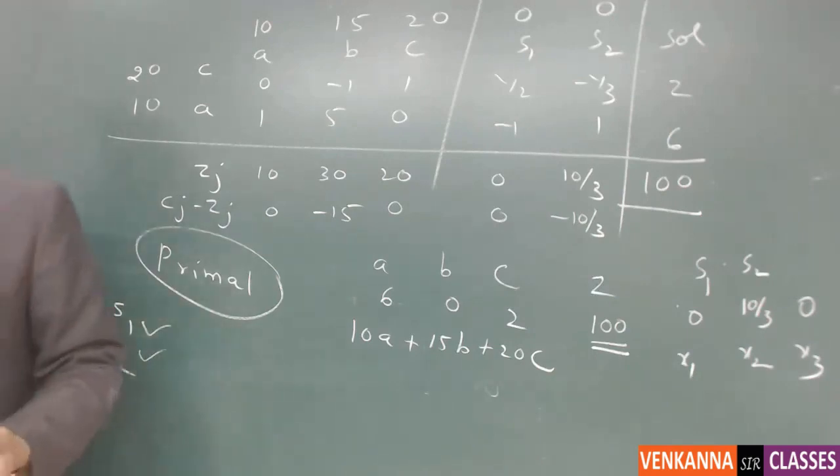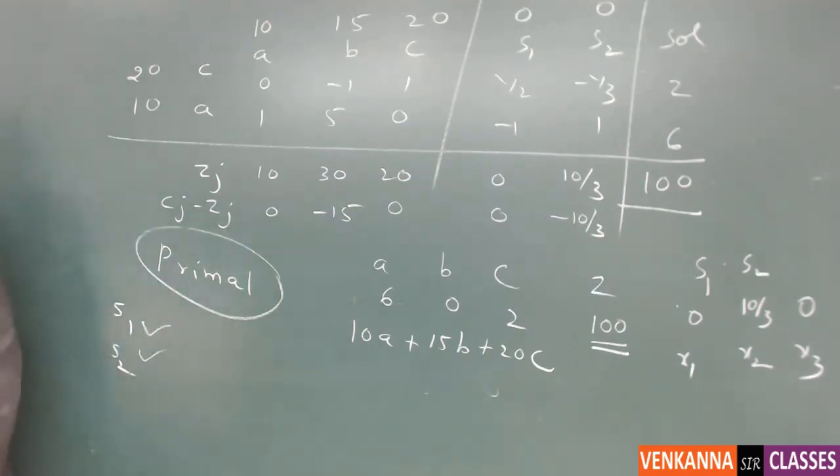Just tell me what are the variables in the primal problem, x1, x2, x3, isn't it? Right. So you just write like this, x1, x2, x3. Can we substitute like that with values of artificial variables?